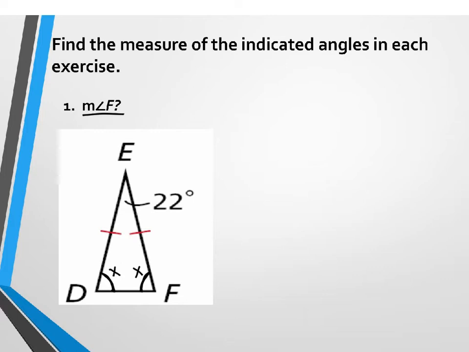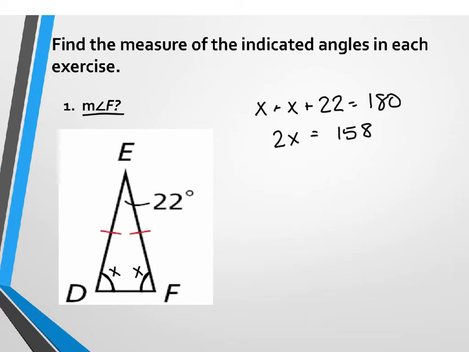We can say this angle plus this angle plus this angle equals 180. So we can say x plus x plus 22 equals 180. Now we have 2x here, and I'm going to subtract 22 from both sides, which gives 2x equals 158.